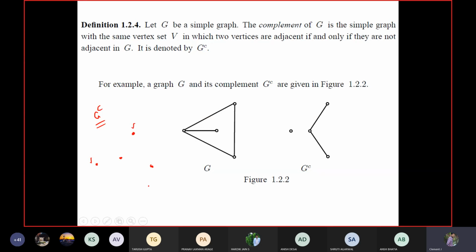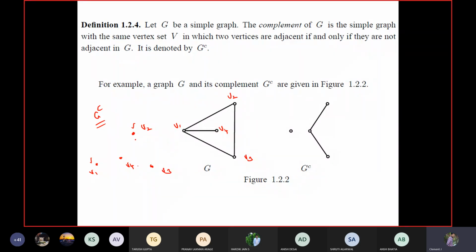Very simple. Here, I can consider this as V1, V2, V3, V4. Here, I can consider the same V1, V2, V3, V4. In your original graph, if there is an edge between V1 and V2, I should not create an edge in the complement graph. By the way, I can check V3 and V4 also. So V1 has an edge with all other three vertices. Next, V2.